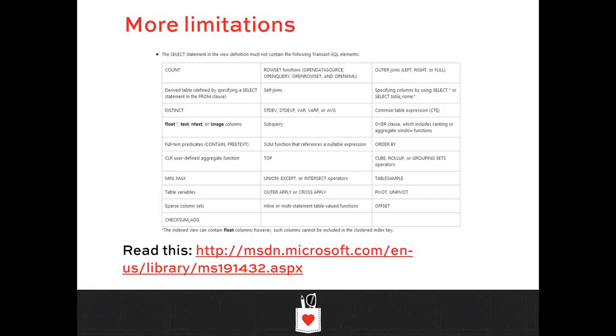This can definitely narrow down the queries that you can use an indexed view for. However, if you have some base underlying tables, you could still create an indexed view and then perform some of these aggregations on the view itself rather than trying to make a big, complicated, messy query.